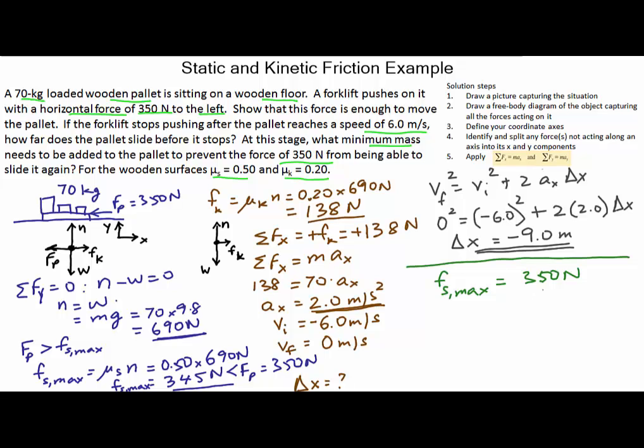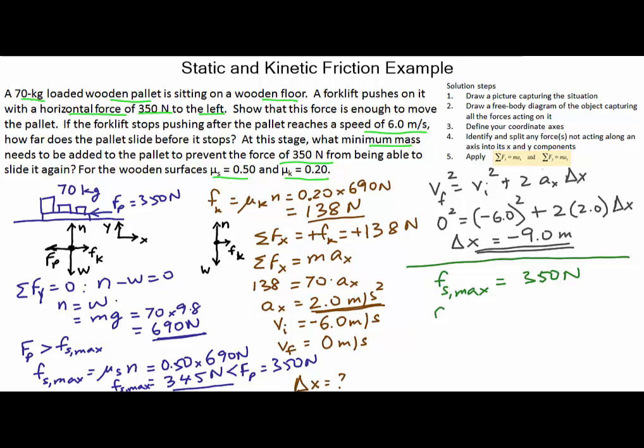I can certainly put more mass and prevent it from slipping, but since it's asking for minimum mass, I need to take that boundary condition where the static frictional force grows just above the applied force of 350 Newton. And since static frictional force can grow all the way to maximum static frictional force, in this case, we want the maximum static frictional force to just be over 350 Newton.